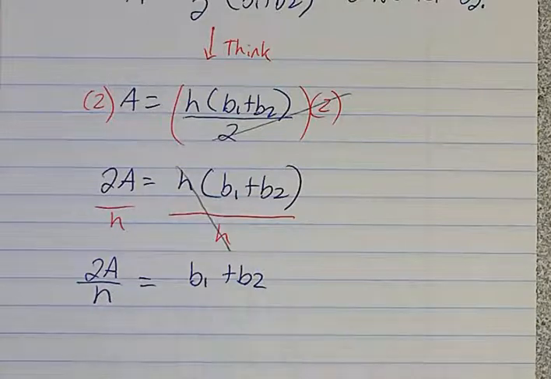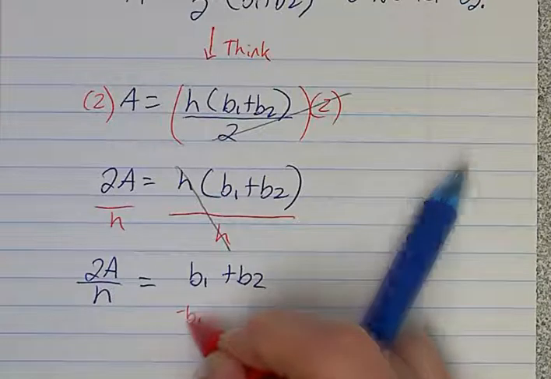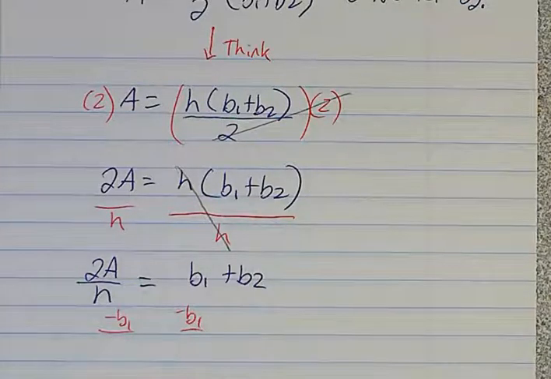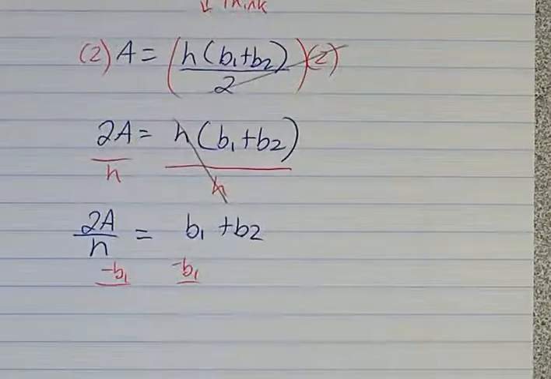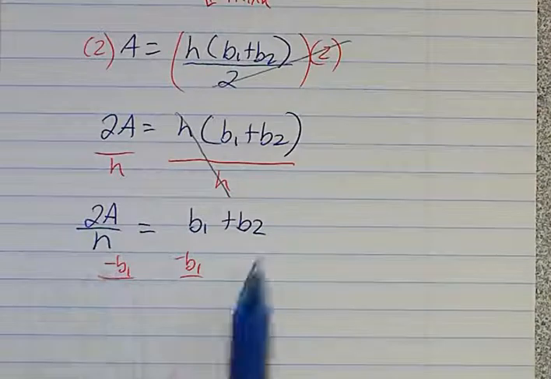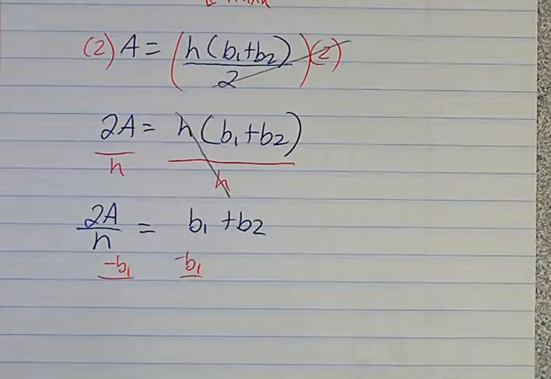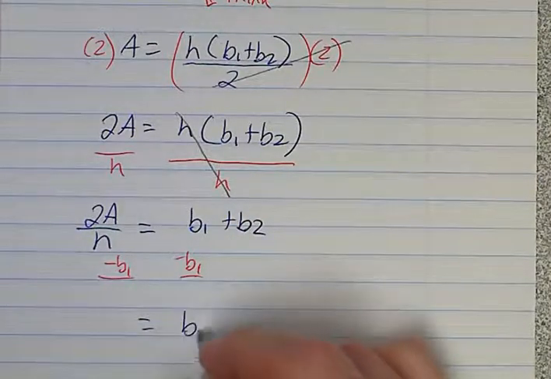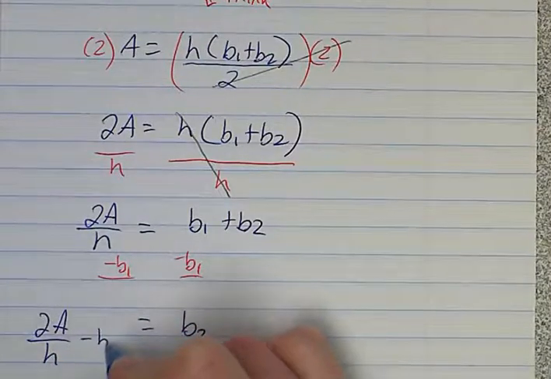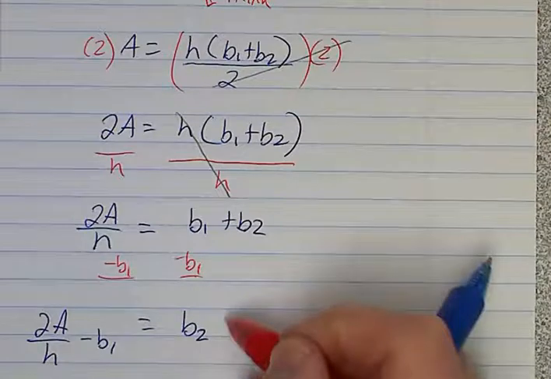It's B1 plus B2, so to get rid of that one, we're just going to have to subtract it. Now, when you get to the other side that's over here, it may be all messed up and stuff may be scattered everywhere. That's fine. You do kind of care what it looks like, but the main thing is you're just trying to get this B2 by itself. So that's 2A over H minus B1. And that would be the answer that you're looking for there.